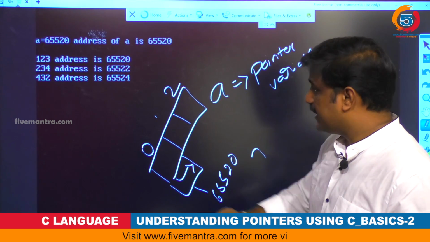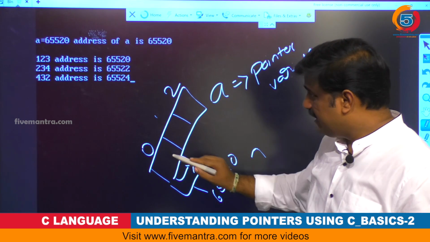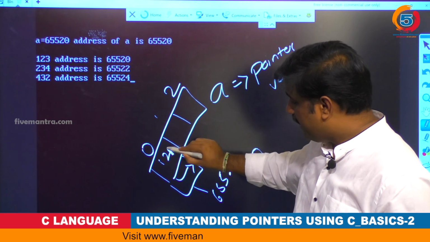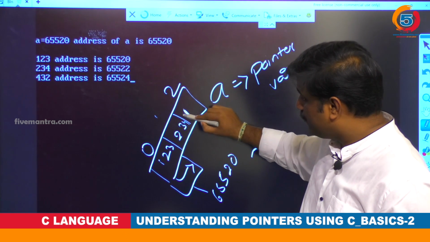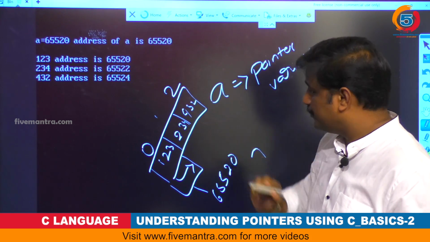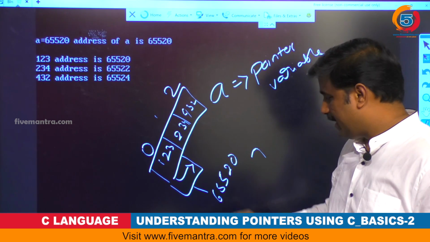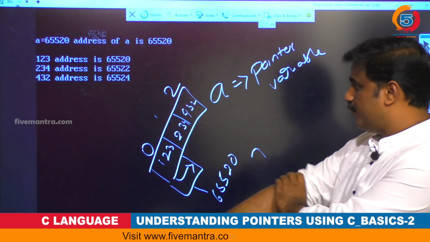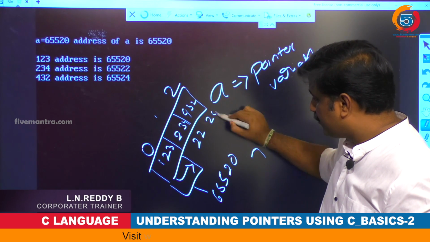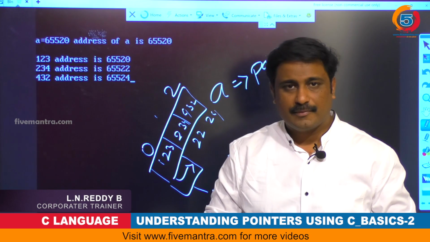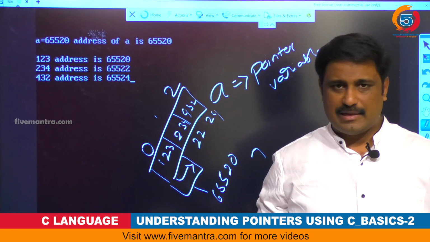I have 1 2 3, then 2 3 4, then 4 3 2, like 3 elements. The starting address is 65520, next is 65522, next 65524, like contiguous memory allocation.